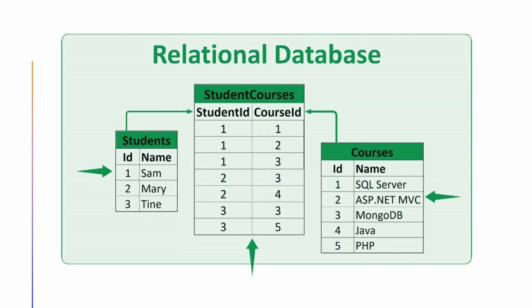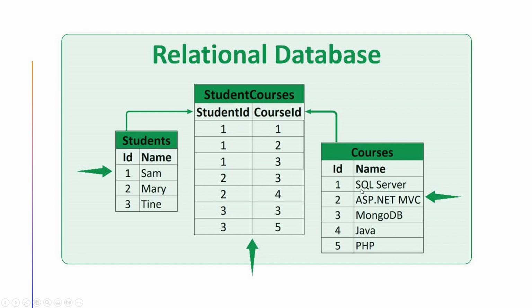For example, in this table, if you see the middle one, the student courses table, we have created a table with student ID and course ID. However, to refer to this, we have two supporting related tables, one on the students and the other on the courses. If I want to read this table, how can I read it? Student ID 1, which is Sam, has taken 3 courses.